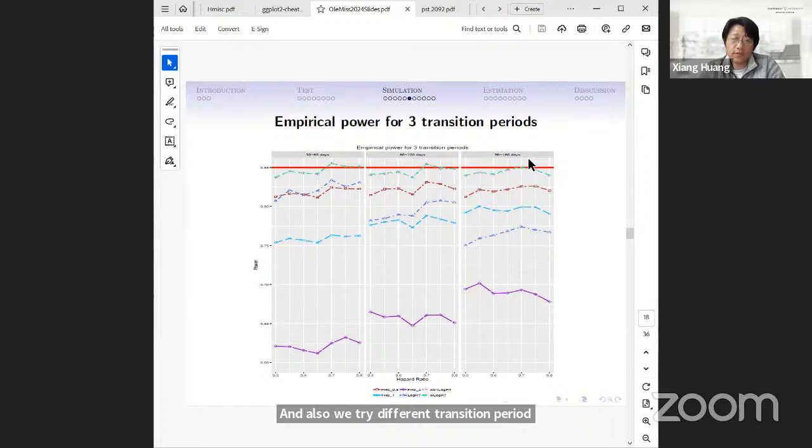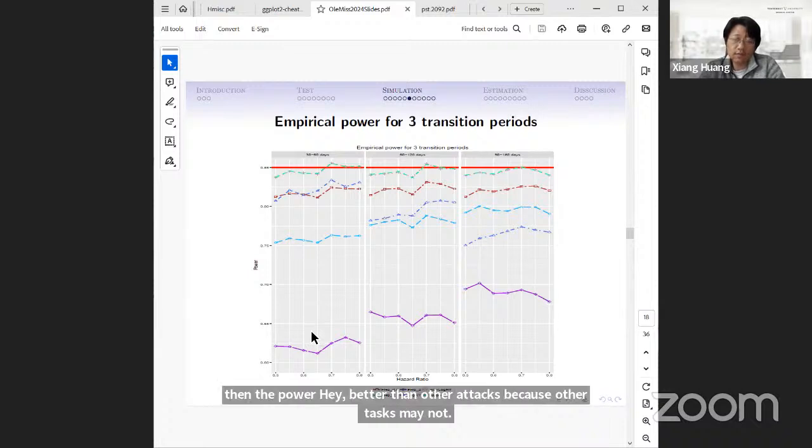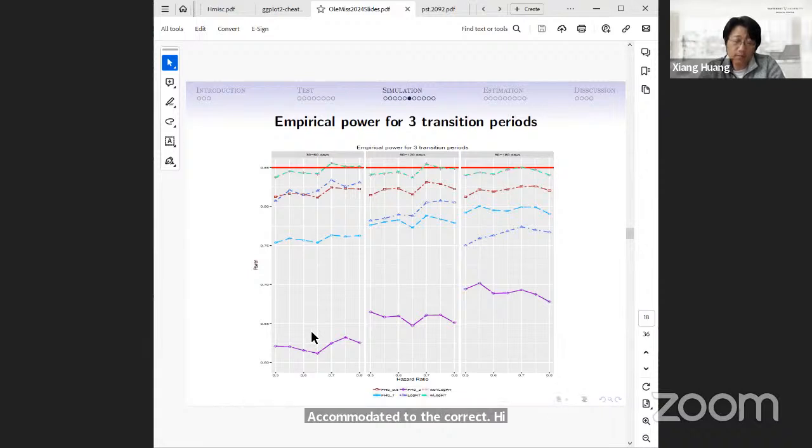And also, we try different transition periods. These 3 transition periods use the same simulation data generated. So if we know the truth and we apply the correct weighted log-rank test as we proposed, then the power behaves better than other tests, because other tests may not accommodate the correct hazard ratio model.